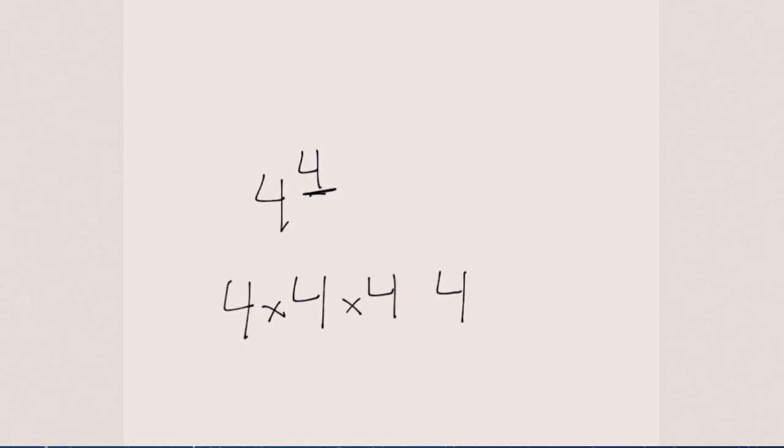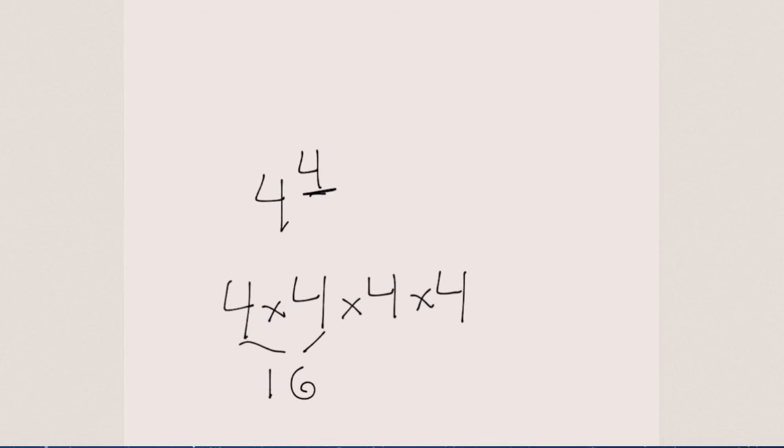Let's see if we can find the value of one more. How about we do 4 to the fourth power? So I'm going to start by writing my base, and I see that my exponent says 4. That means I need 4 of them. So I get 3 more. Now I've got 4 4's, and I can multiply them all together. I do 4 times 4 is 16.